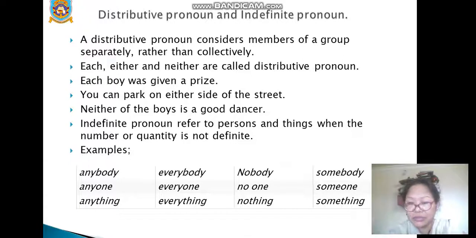Here the person or thing is not specified. Anyone, everyone, no one, someone, anything, everything, nothing, something. So these are the examples of indefinite pronouns.